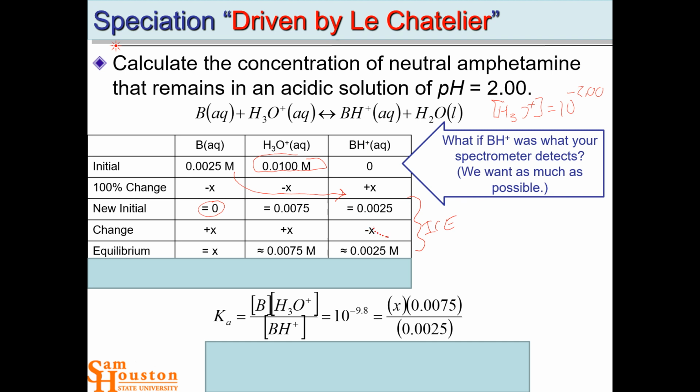This is our reactant because we're going backwards, right? And this is an acid. So we use that pKa value. We're using Ka, and that's equal to the hydronium ion concentration times the base divided by BH plus. So this is our equilibrium constant expression for this reverse reaction.